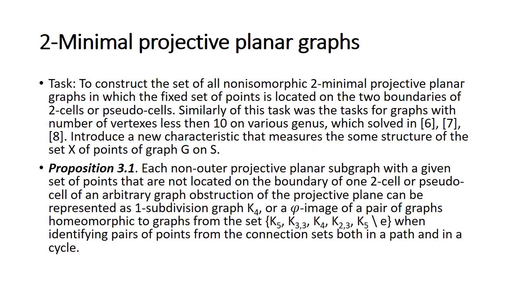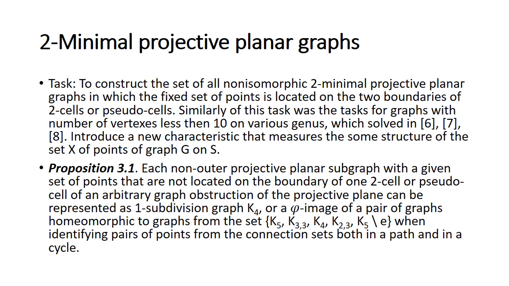Terminal projective planar graphs. Task: to construct the set of all non-isomorphic two-minimal projective planar graphs in which the fixed set of points is located on the two boundaries of two cells or pseudo cells.